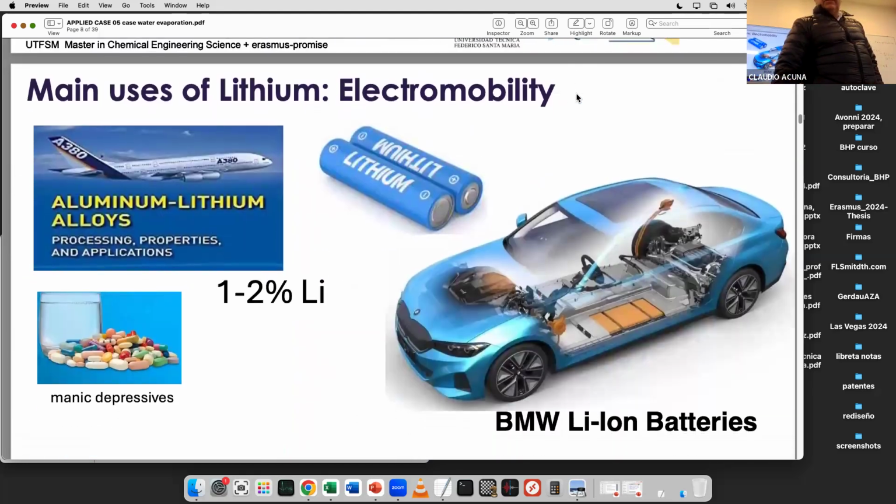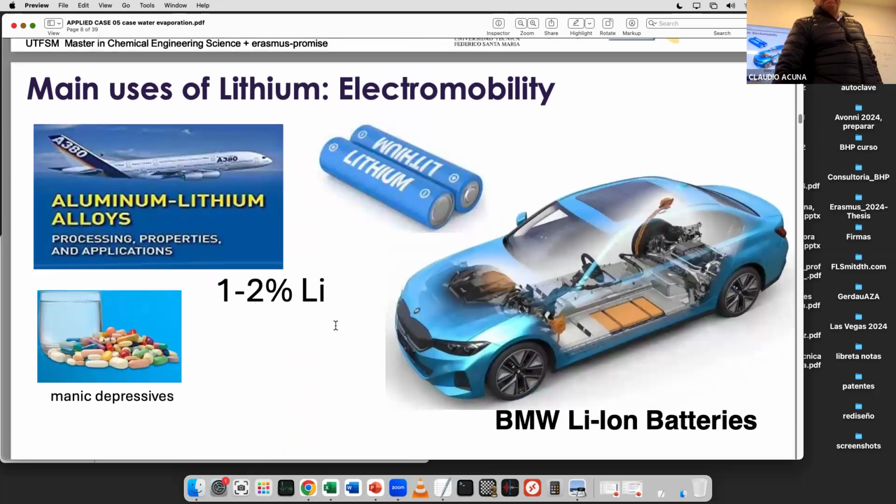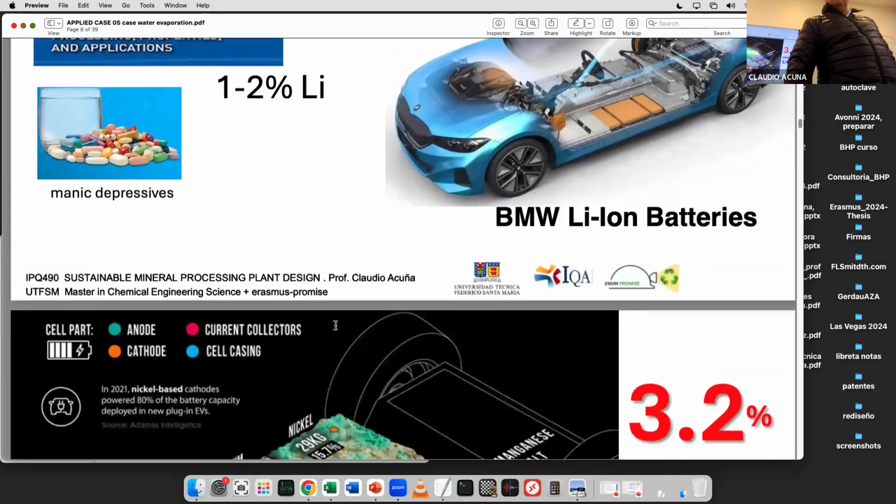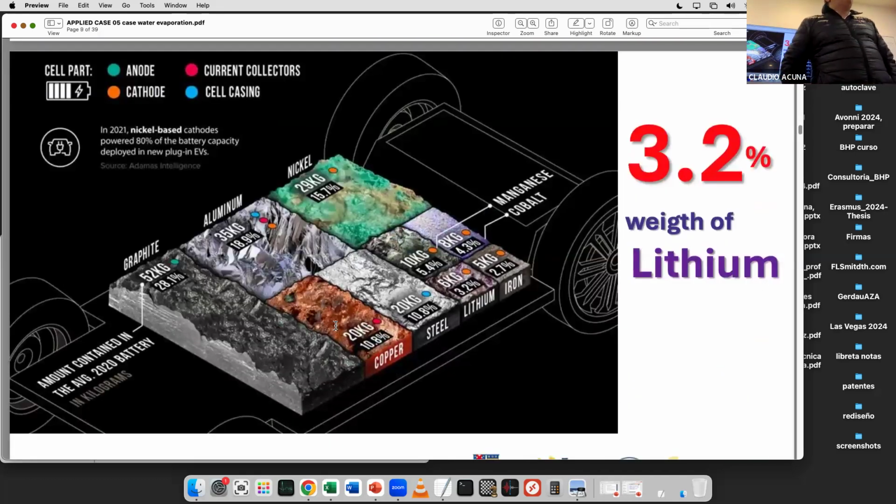Of course, the batteries are used for storage. Those are the car, but it's important to understand that the amount of lithium that we have in the car is very little. How much? Nothing. So our president wants to build batteries in Chile because we have lithium. This is completely wrong, because you need to bring material from different countries, CO2.